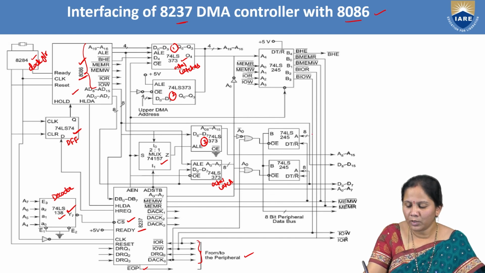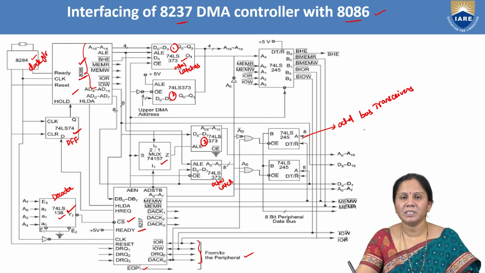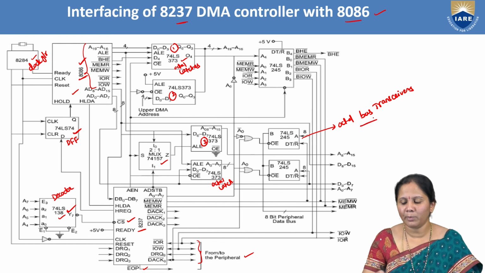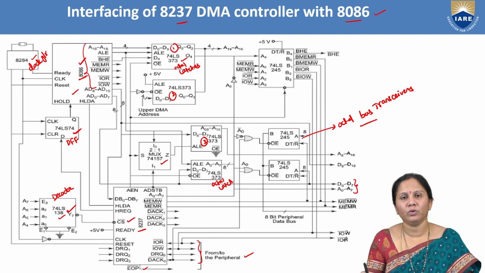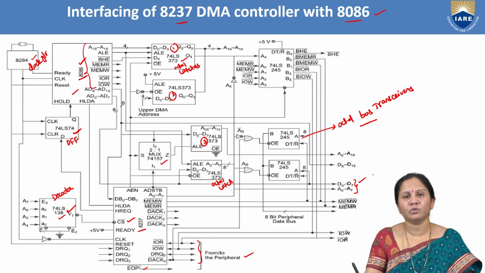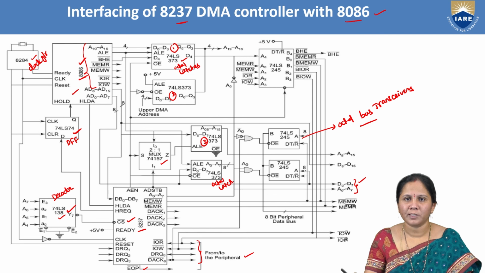This is called an octal bus transceiver. Octal bus transceivers are generally used for asynchronous two-way communication between data buses. Here we have D0 to D7 and A0 to A7 address lines. Using these D0 to D7 lines, it is going to communicate with the 8086 microprocessor.